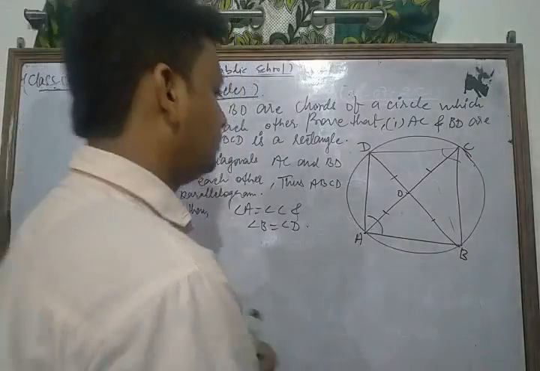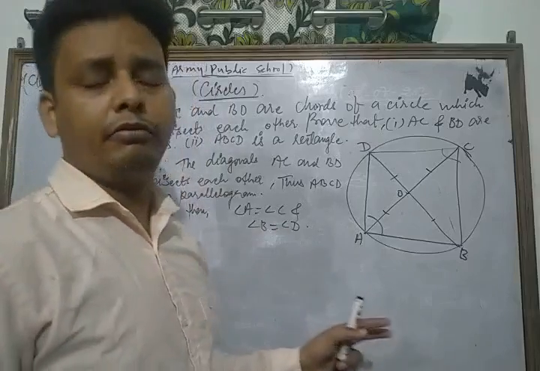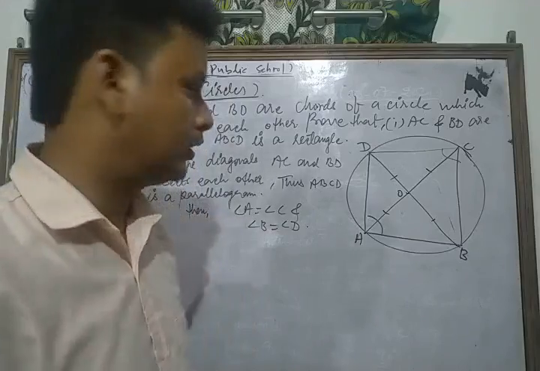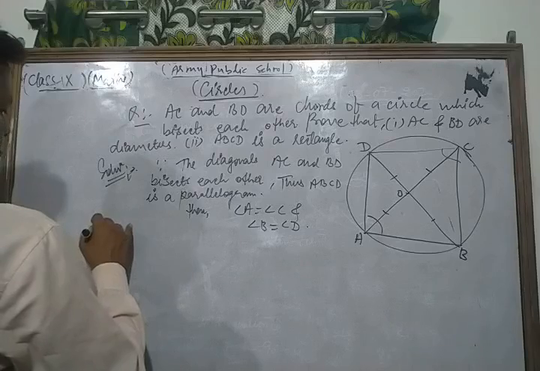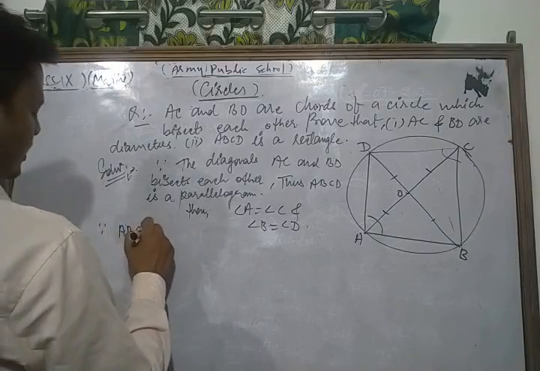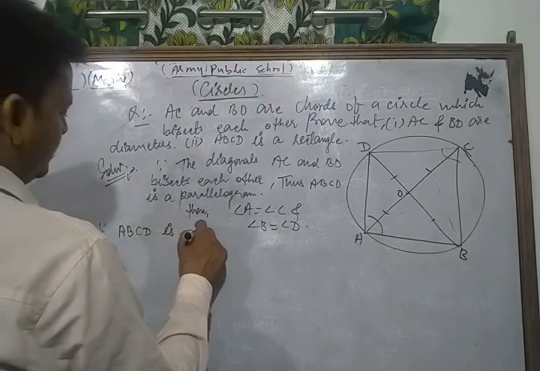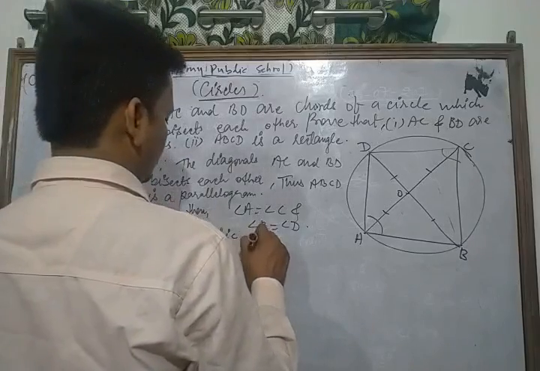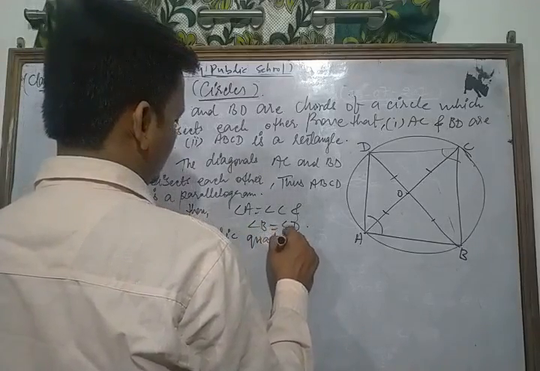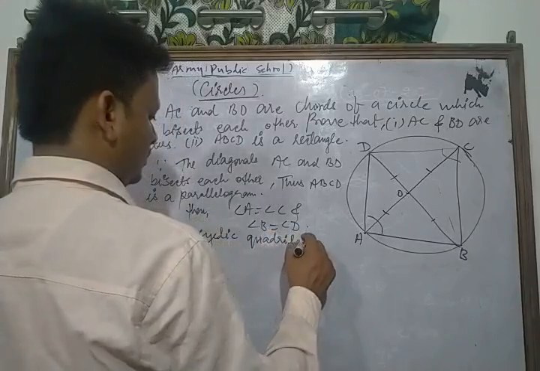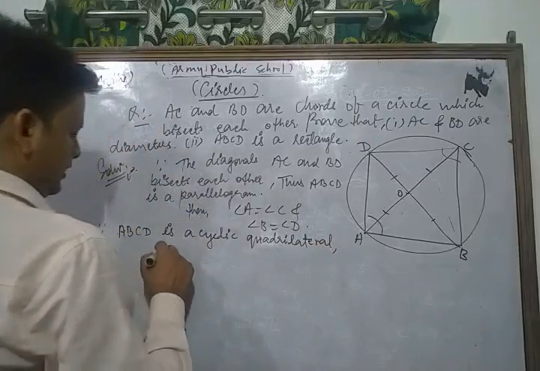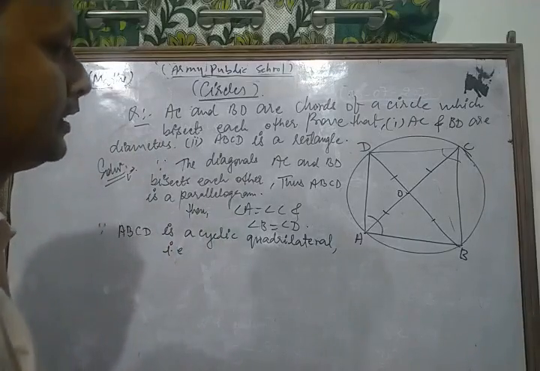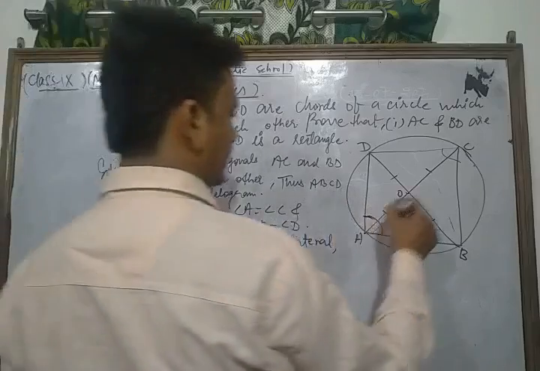Now look, again from the figure it is clear that ABCD is a cyclic quadrilateral. Since ABCD is a cyclic quadrilateral, the sum of opposite angles is 180.